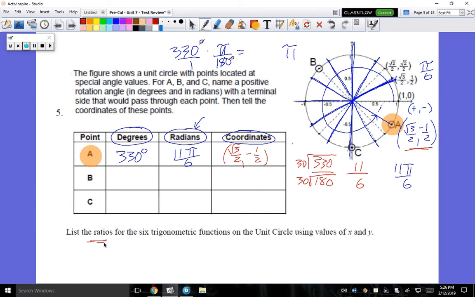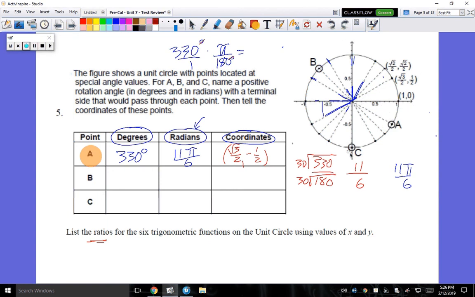Alright, so B. If I'm locating B on the unit circle now, let me erase the other stuff. I want to know what is the degree, what is the radian, and what is the point right here. Okay, so the degree, I know I'm going to travel 90 degrees to get there, and then another 45, or if I have it memorized, it's going to be at 135 degrees. Okay, the reference angle that this one is referring to is pi over 4.